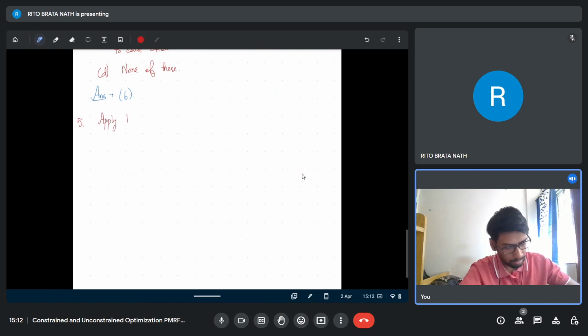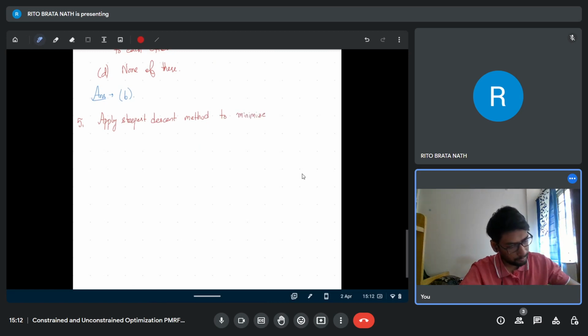Apply the steepest descent method to minimize f of x1 comma x2 equals 2x1 squared plus x2 squared plus 4x1 x2 minus 4x1 plus 2x2 plus 5, starting with x1 equals 0, 0.